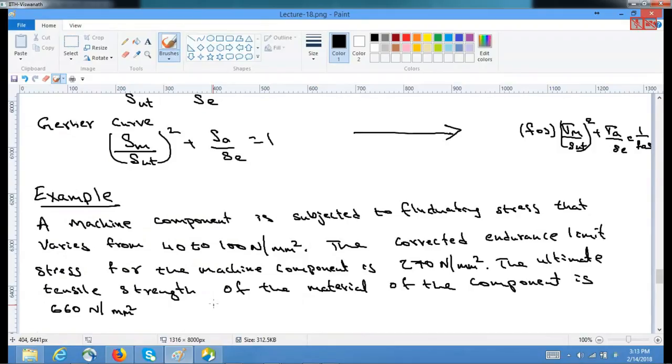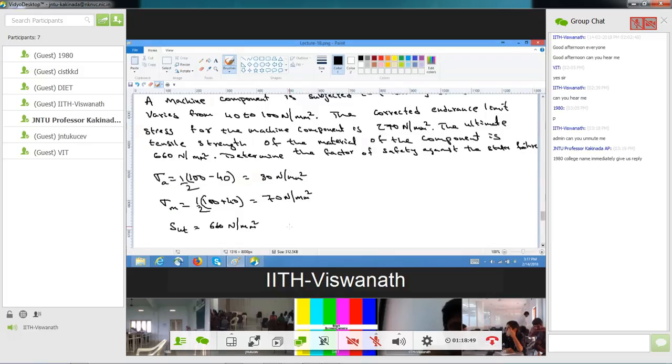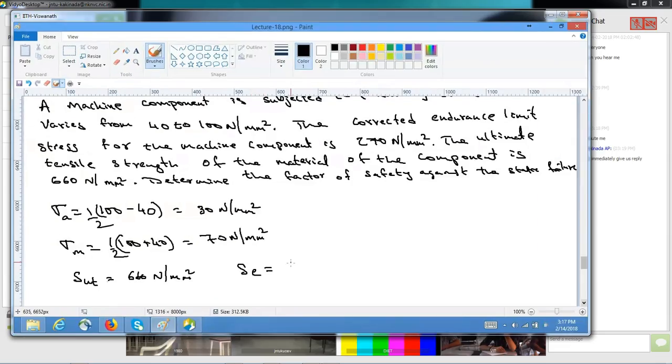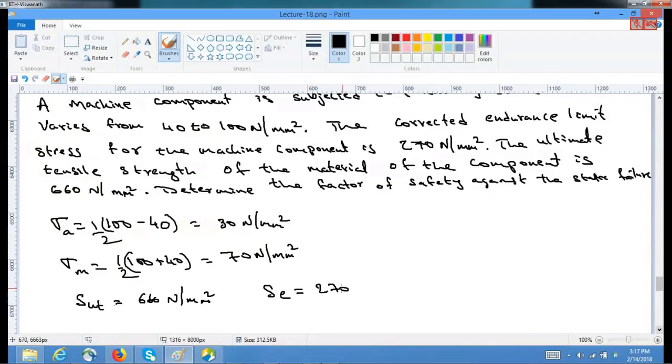We need to determine the factor of safety against the static failure. Se is equal to 270 Newton per mm square.